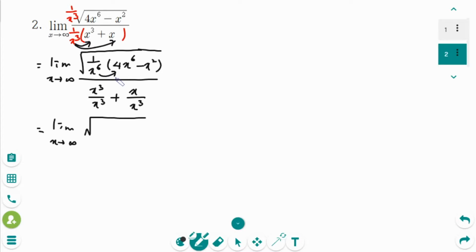Simplify. The first one is 4 minus the second one is x squared over x to the power of 6, which is 1 over x to the power of 4. This is 1 plus 1 over x squared. Then put infinity into x.